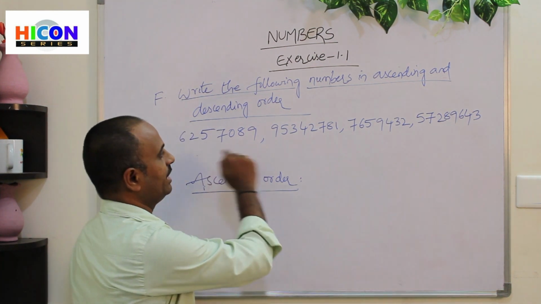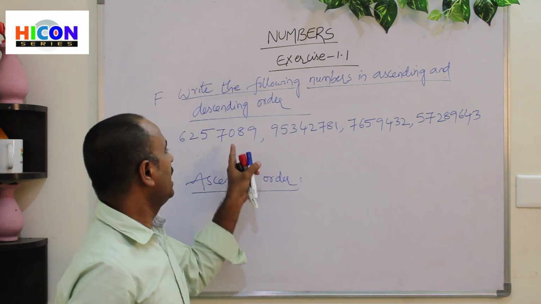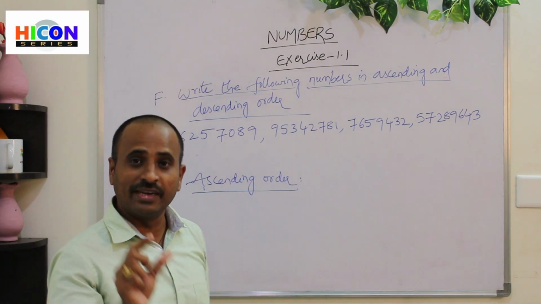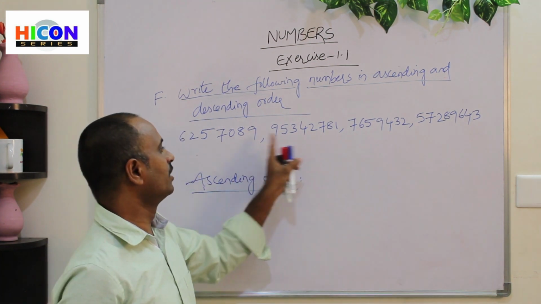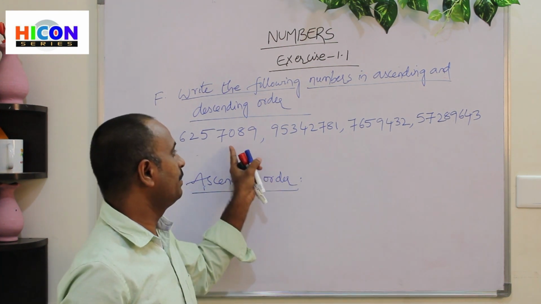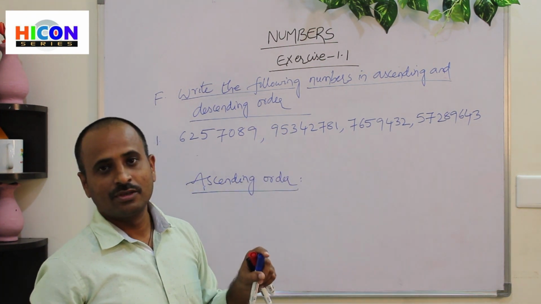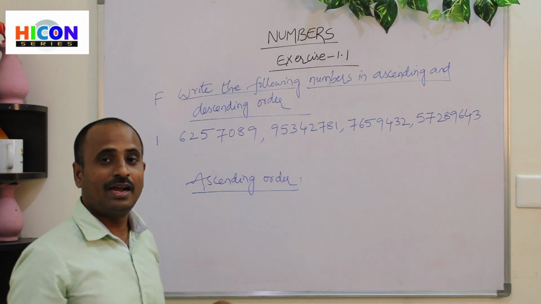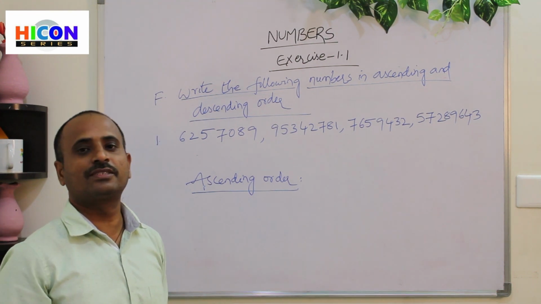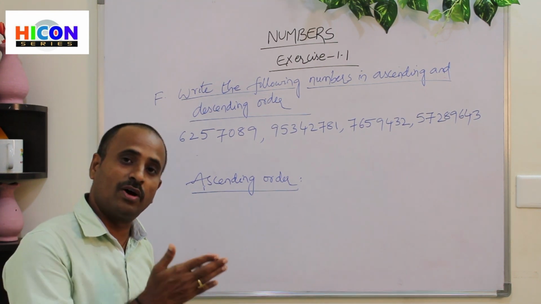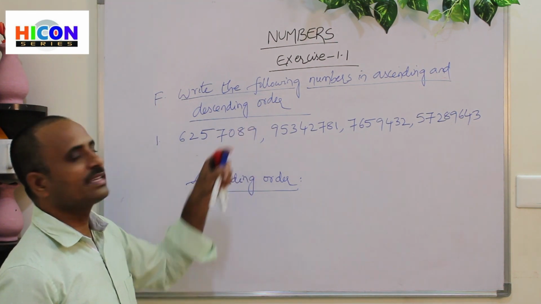So we have to identify the smallest number among these 4 numbers. Which one is the smallest number among these 4 numbers? Let us compare the 4 numbers and we will find out which one is the smallest. And we have to write from smallest to greatest number in the ascending order.